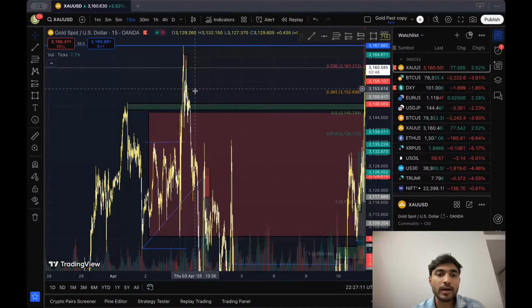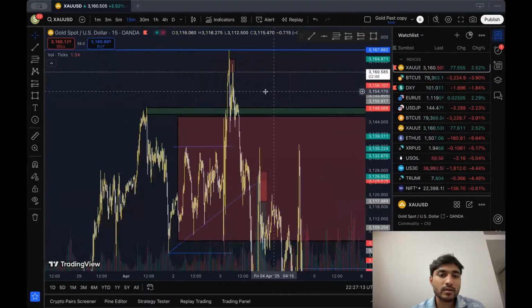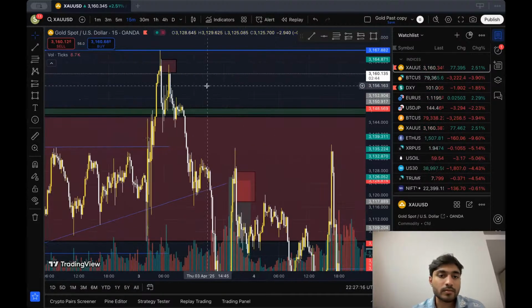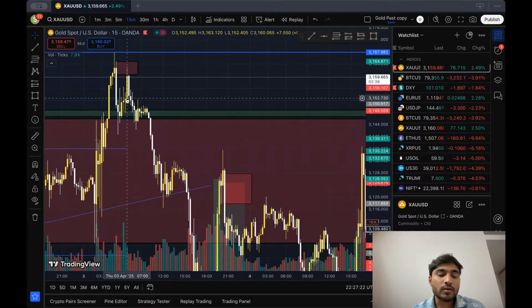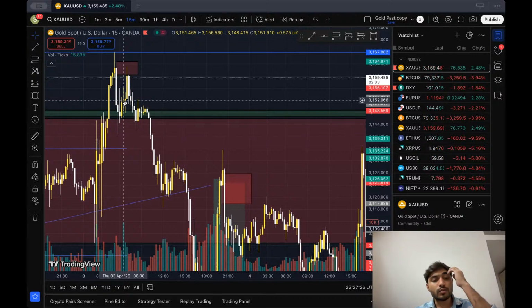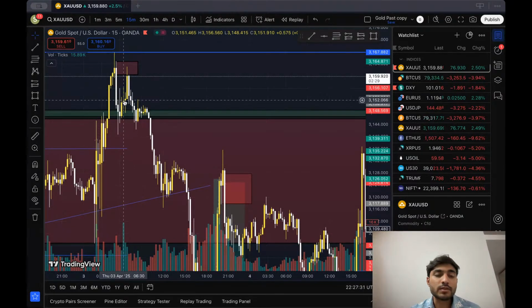I waited for these levels so it would test that. It was a kind of retracement trade because gold is super bullish, and I was looking just for a retracement, a trade where it could give buyers a chance. So that was my trade.